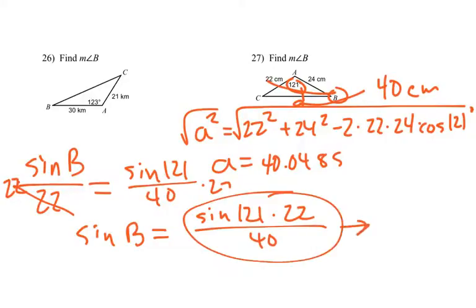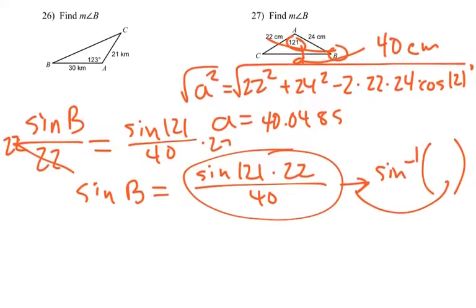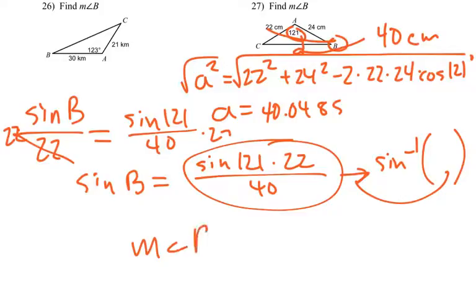Then I take the inverse sine of that whole thing, and that's going to give me the measure of angle B. So once again, I go the inverse sine of the fraction, the sine of 121 degrees times 22 over 40. Hit enter, and we get 28.1279, so 28.1 degrees. We probably could call it 28 degrees, but we'll say that.